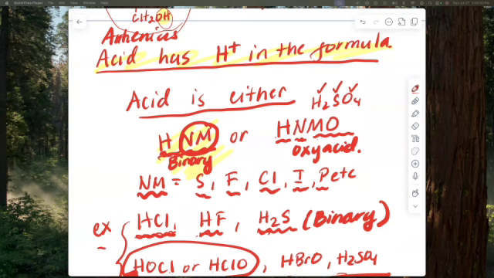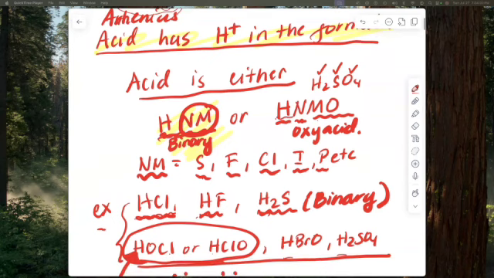You can see right here in the binary and the oxy, right? So for most inorganic acids, or acids that we cover in general chemistry, the hydrogen is written first. The nonmetal, as it says right here, could be any one of these: sulfur, fluorine, chlorine, iodine, phosphorus, selenium, just a lot of different nonmetals, right?